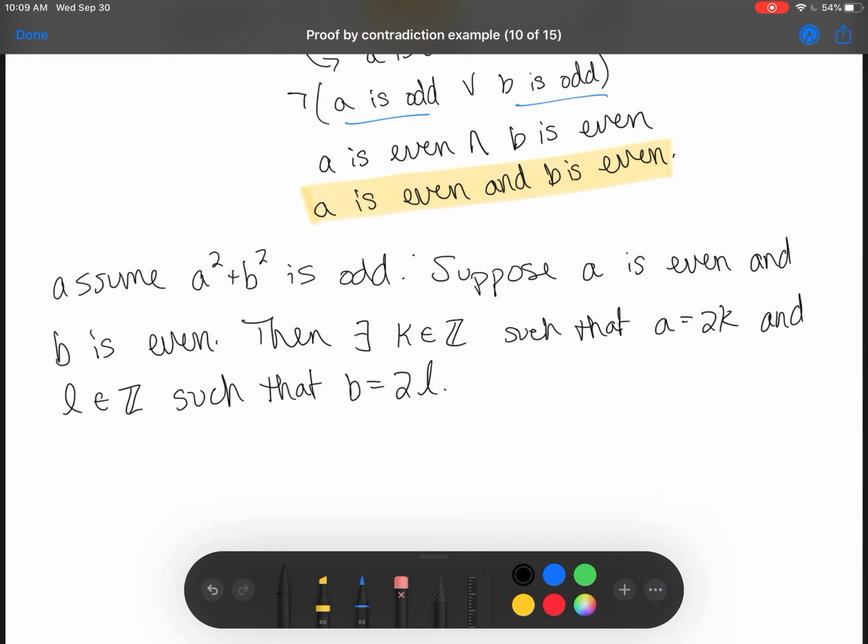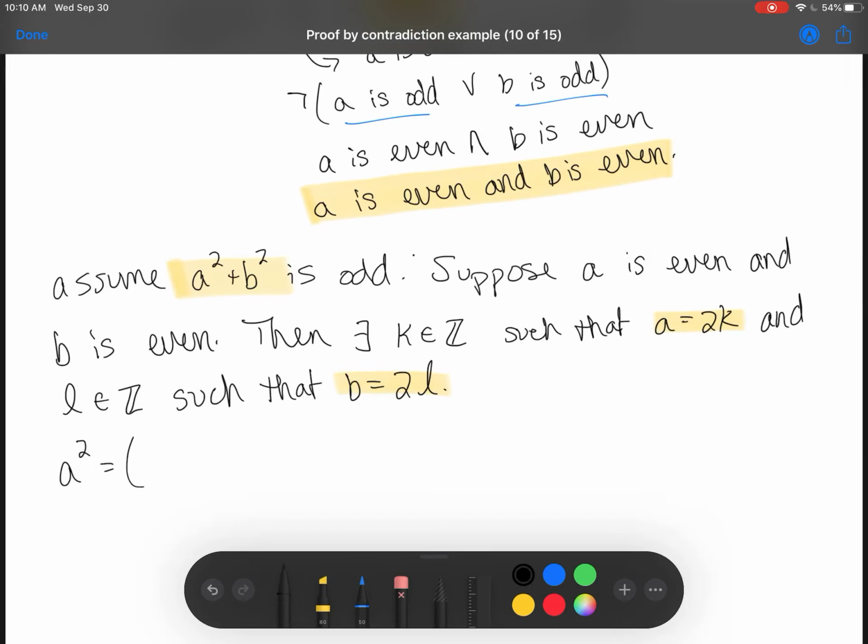Again, I'm not really writing this out in full sentences as a formal proof, just trying to get our thoughts down. So where can we go from here? Since we have a squared plus b squared up here in our assumption, and now we know what a is and what b is, it would make sense to square each of those and add them together.